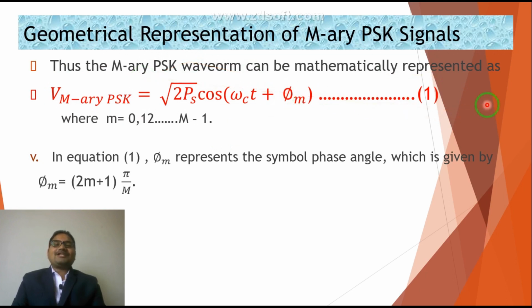It is the same as QPSK, but in QPSK the bits are defined, that is 2, and possible symbols are 4, that's why we wrote (2m plus 1) pi by 4. But here n is going to change. So this pi by M represents the symbol phase angle.